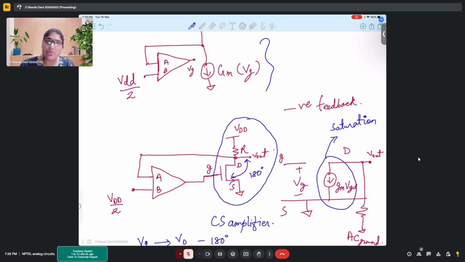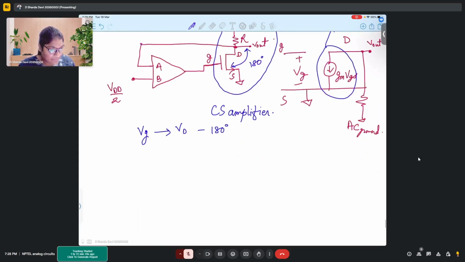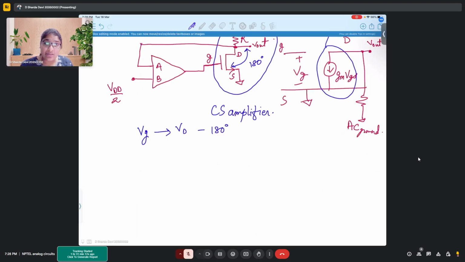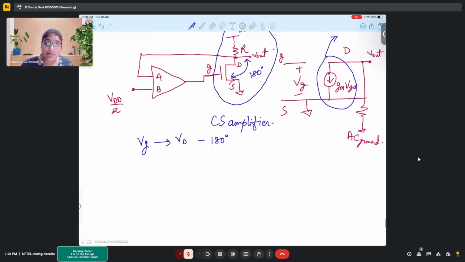Okay, I could not understand the argument. Can you repeat once again? They have replaced the op amp. Okay, replaced with what? They have put A and B like that only.